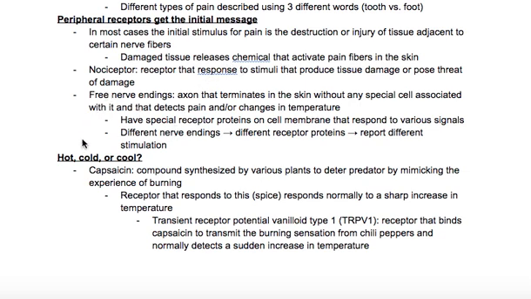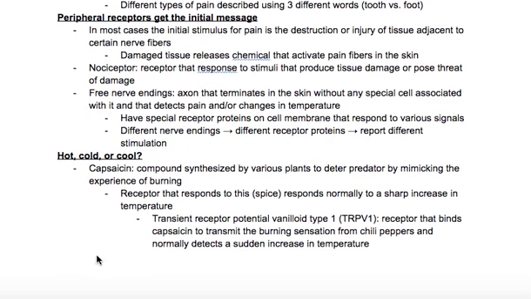Free nerve endings are axons that terminate in the skin without any special cell associated with them, and they detect pain and changes in temperature. They have special receptor proteins on the cell membrane that respond to various signals, and different nerve endings have different receptor proteins, so overall they report different stimulation.